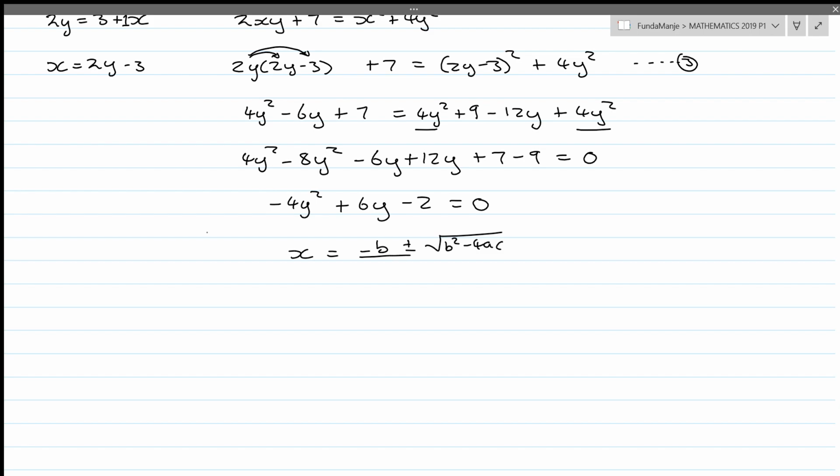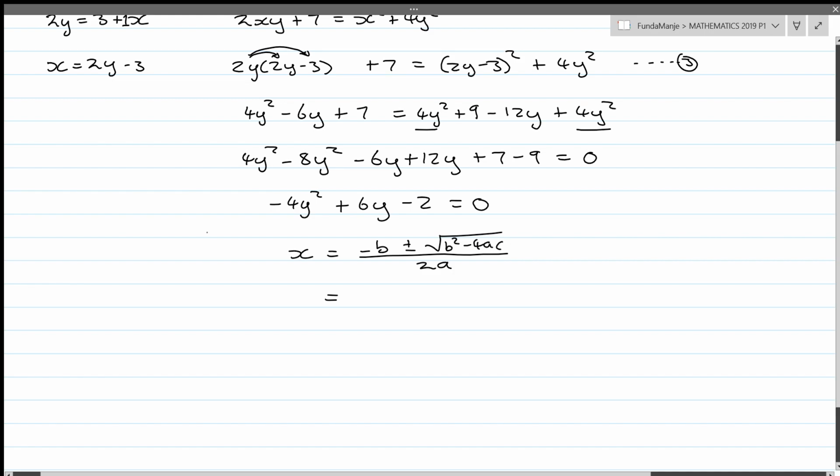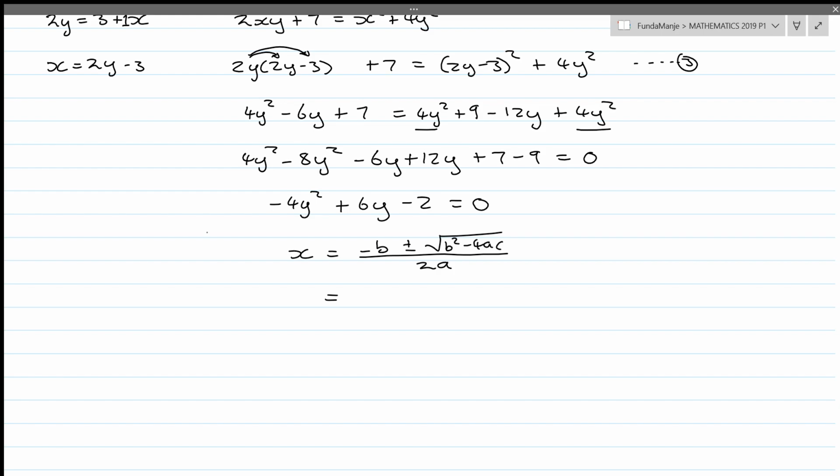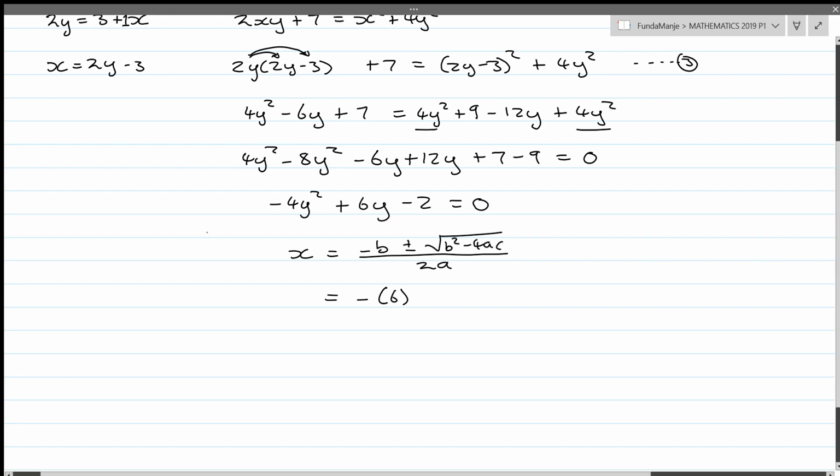Using the quadratic formula in instances like this helps you to avoid making any mistakes that may arise from trying to simplify and using the other bracket method. So here our b is positive 6, our a is minus 4, and our c is minus 2. So we make the substitutions. Don't forget to include your brackets.